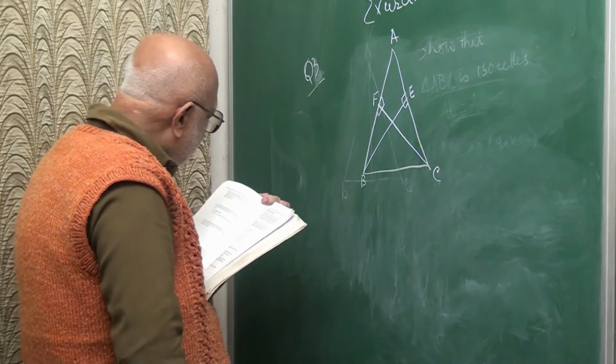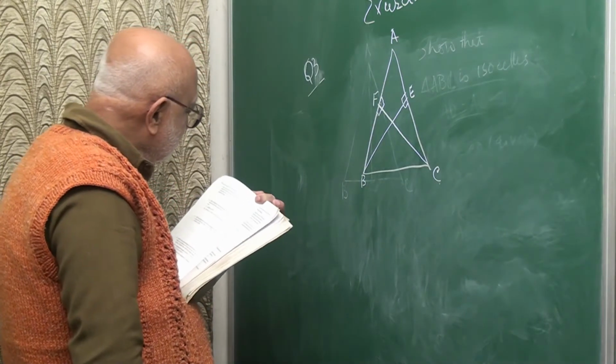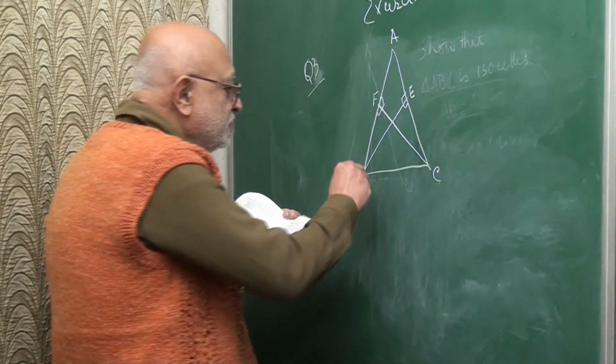Okay, what do we have to do? On equal sides, AB equal to AC, so that these altitudes are equal.